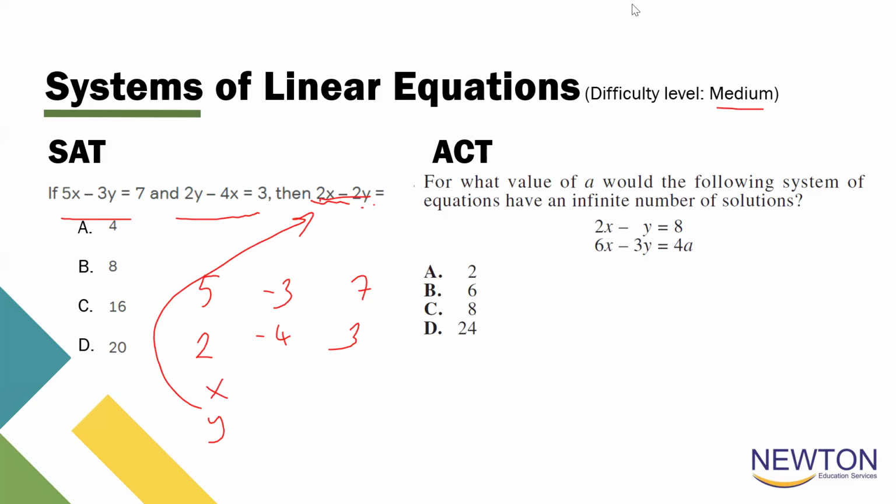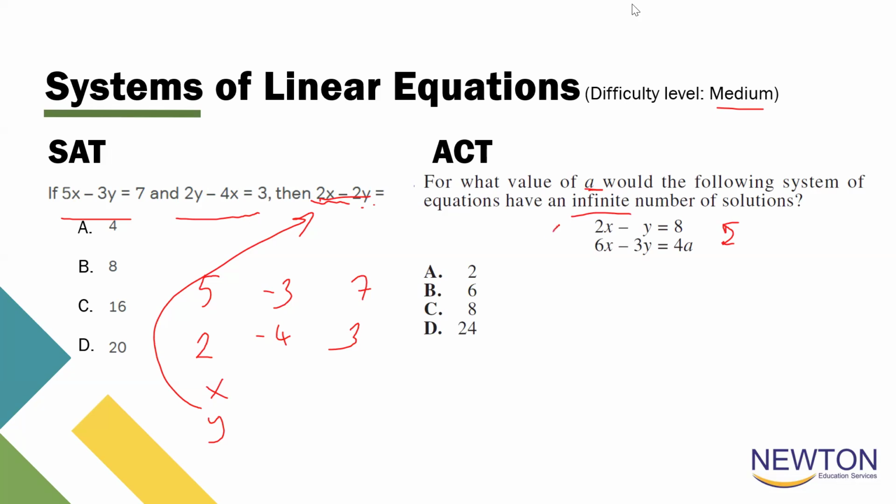For the ACT question, a question with this same level of difficulty would be something like this. For what value of a would the following system of equations have an infinite number of solutions? So here I want an infinite number of solutions. This means I want them to be similar equations, almost the same. So how can I make them the same?